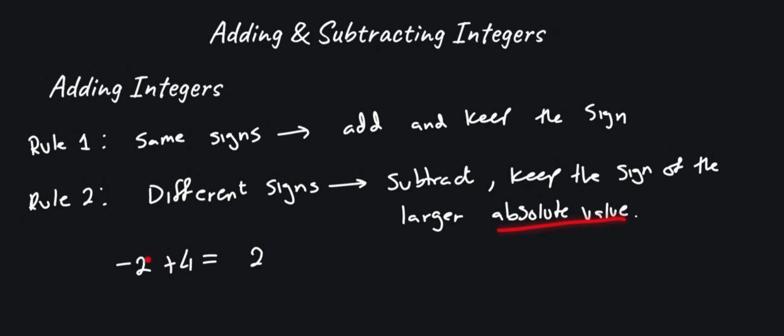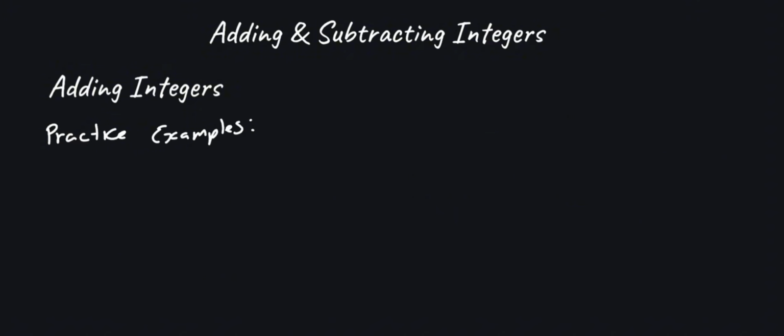Absolute value just means it's always going to be positive. So imagine the 2 is positive and 4 is positive. Which number is bigger, 2 or 4? Well, 4 is greater. So we will take the sign of the greater number, which gives us our answer as 2. Okay, let's work on some practice examples.